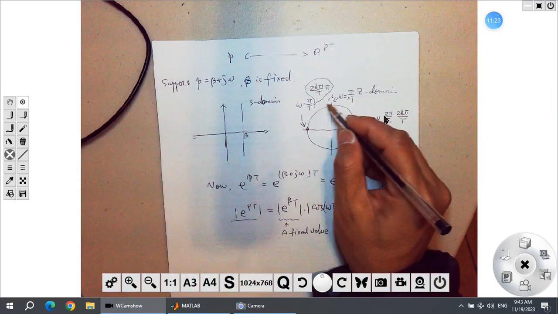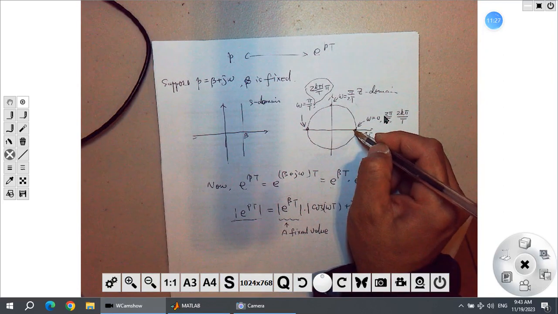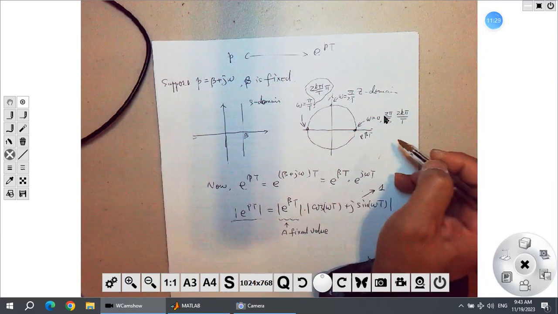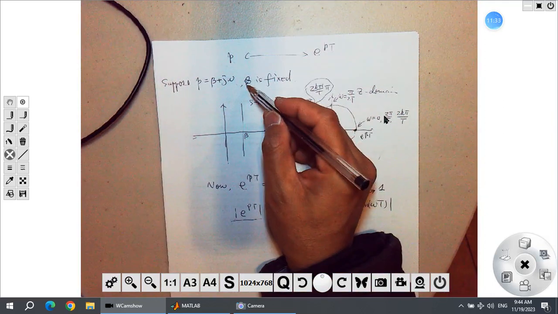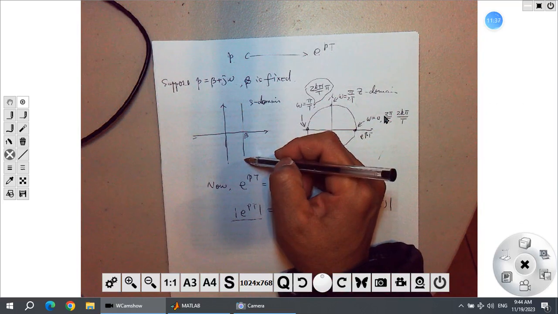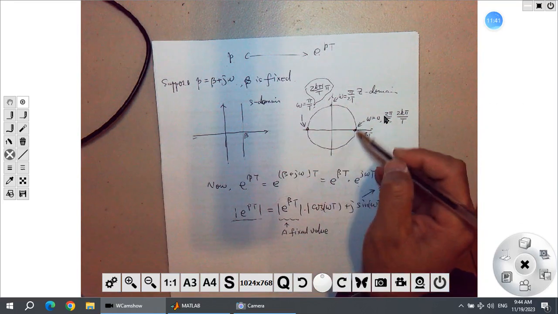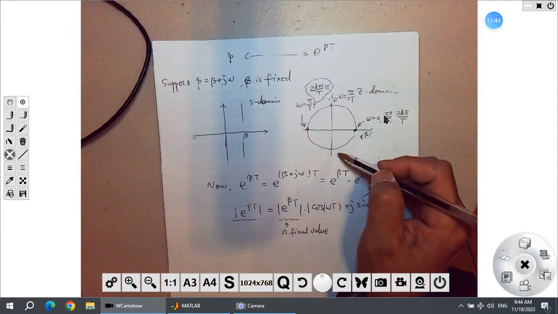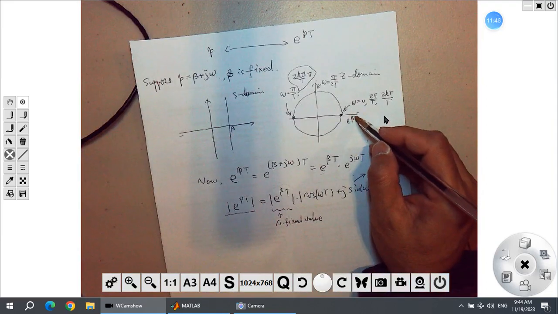Every 360 degrees, it will go back to this point. So when beta is fixed, you have a circle. In the S domain, it is a straight up and down line, and in the Z domain, it's a circle that goes across the e to the beta t point.